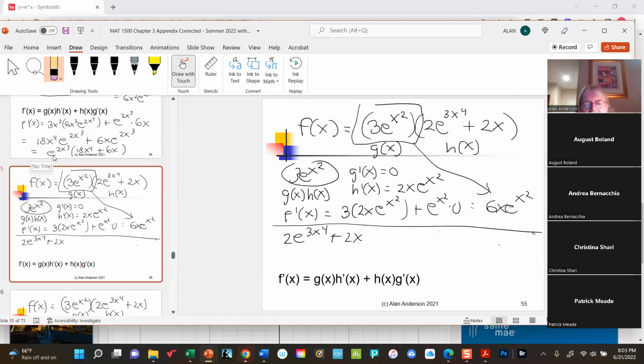All right, so the derivative of this expression right here. That's better.